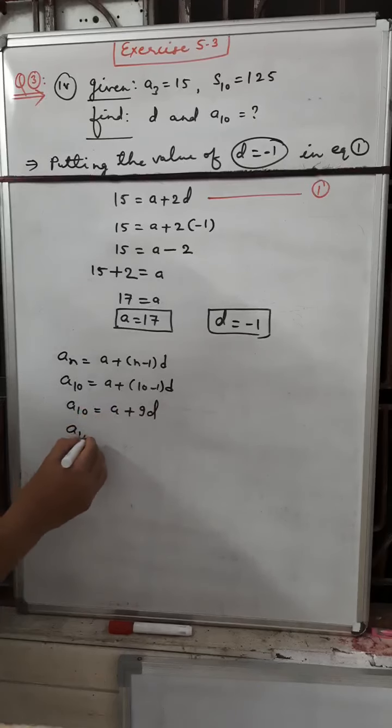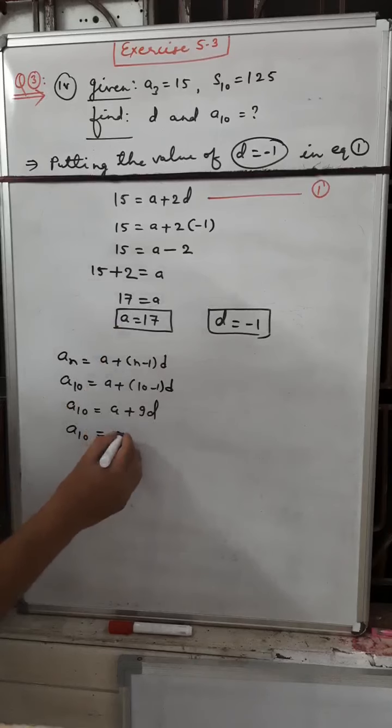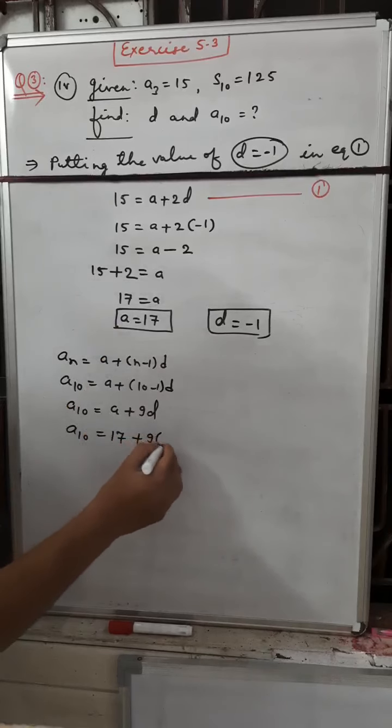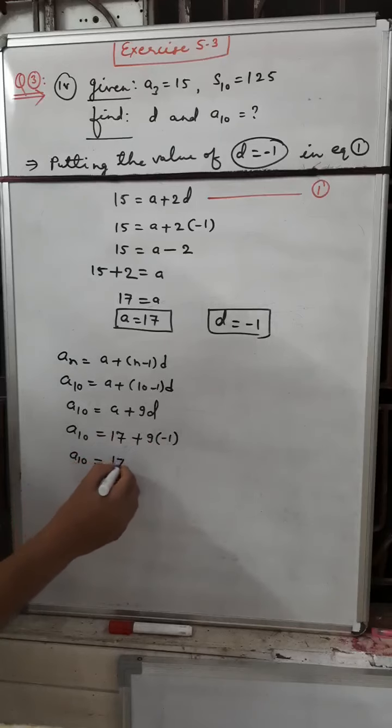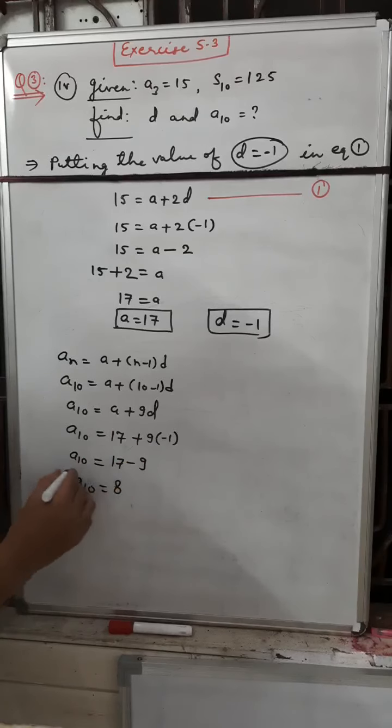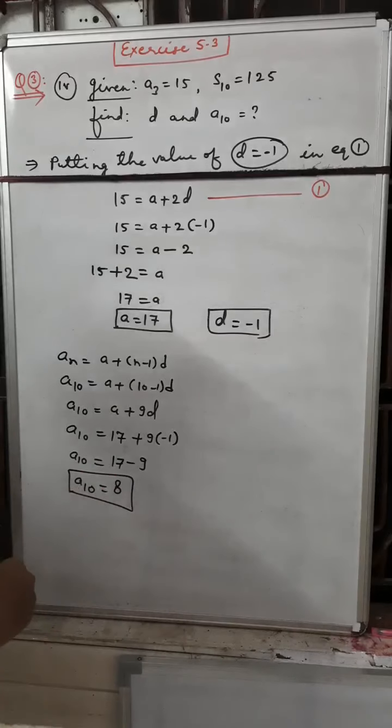Now we can put the value of a is equal to 17 and d is equal to minus 1. So a10 is equal to 17 plus 9 ones are 9 minus, so minus 9. So a10 is equal to 8. So this is the answer of the given problem. We have to find out two things.